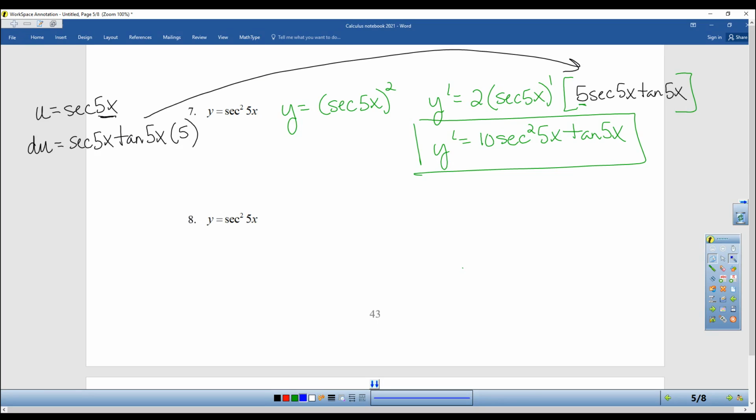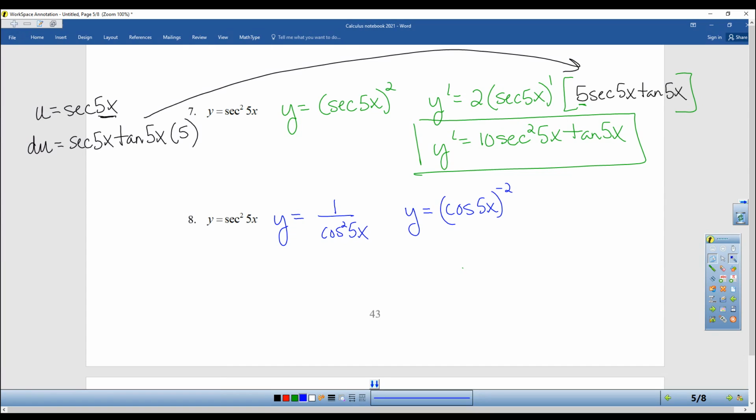All right, we're going to do this one a different way. Some people are like, you know what, I'm going to change it to cosine, 1 over cosine squared 5x. And then, because it's a constant on top, we've talked a lot about this, bring it to the top. So cosine of 5x, and I still want you to bring the power to the outside.